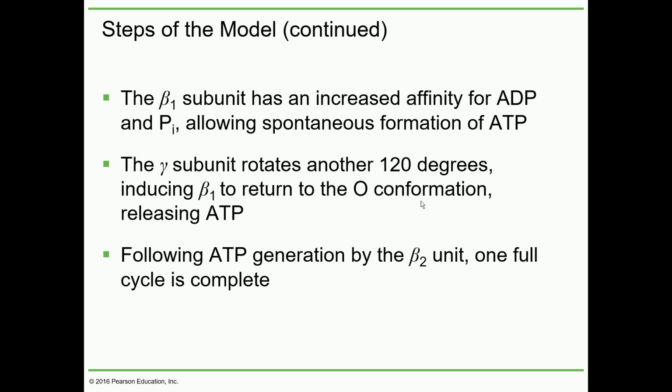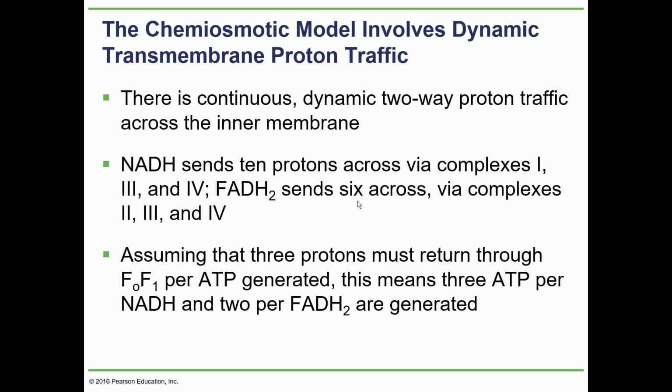So basically, as the gamma subunit moves through 360 degrees, these beta subunits will be going through all three different conformations, and when the beta subunit is in the T conformation, it is going to produce ATP. So this is overall basically how ATP is produced.